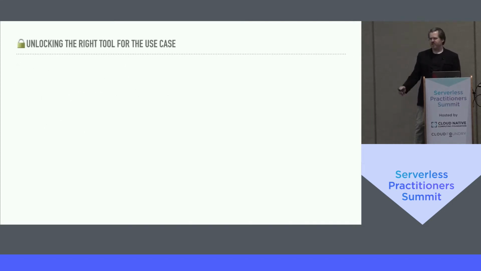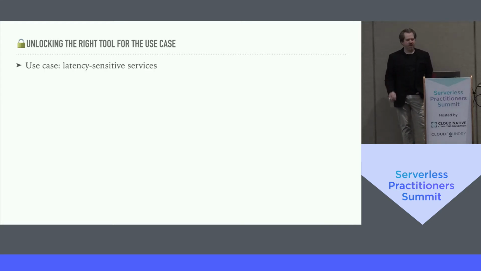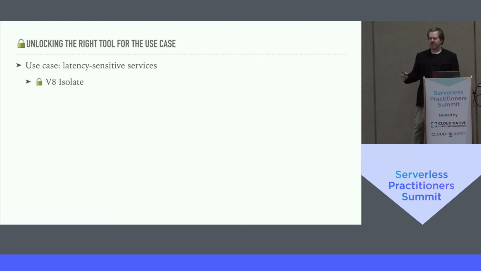If we look at things from a use case perspective, what we'd really like to be able to do as a serverless platform operator is to use the right tool for the right use case. For latency sensitive services, where performance is really key, it would be great to use something like a V8 isolate type of approach, where we get a lower startup and initialization cost.